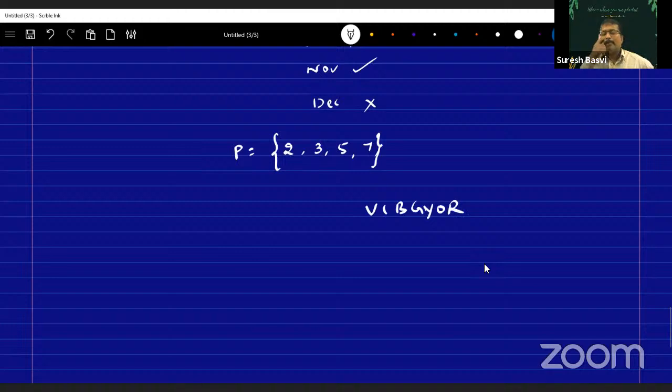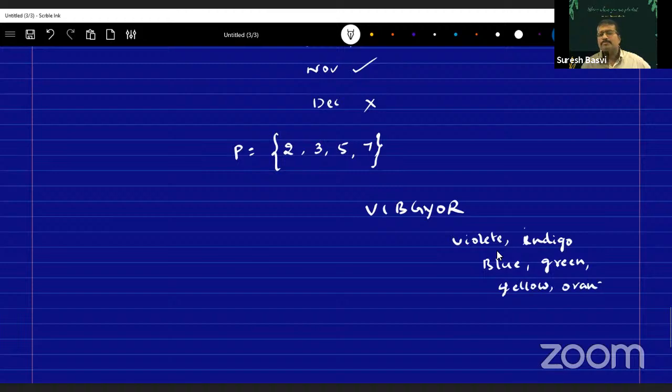Violet, indigo, blue, green, yellow, orange, red. So write violet, indigo, and so on; you can use small letters here, no problem. Then blue, green, yellow, orange, red. So this is represented as X.